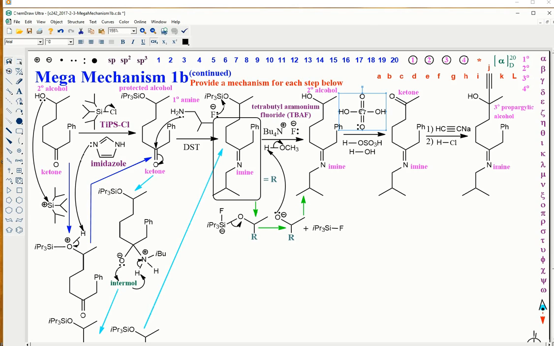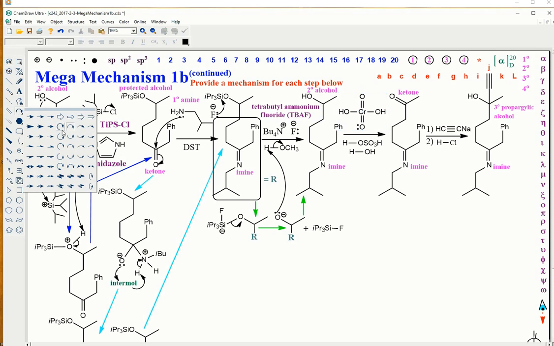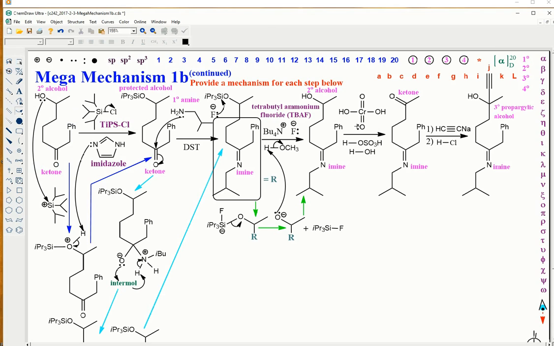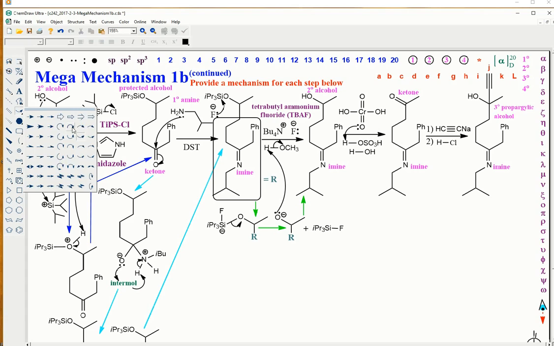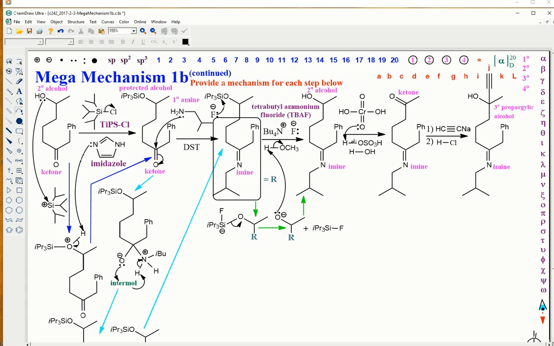This is accomplished using sulfuric acid in a protonation step, thus generating the species illustrated below.